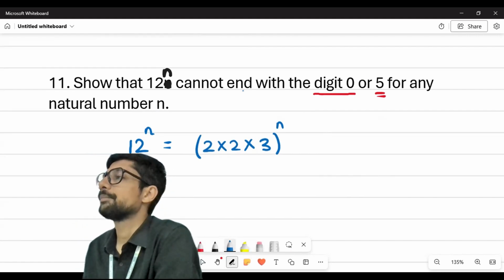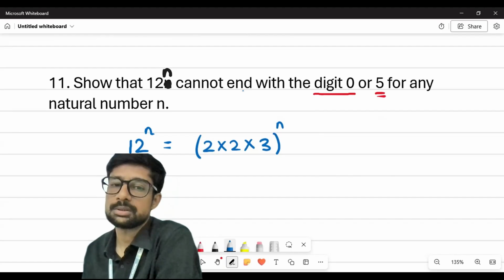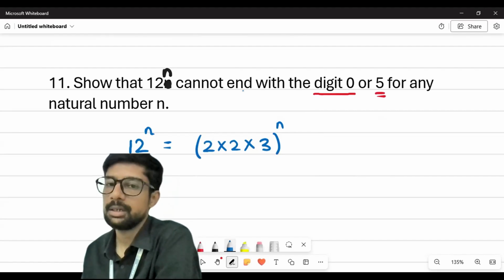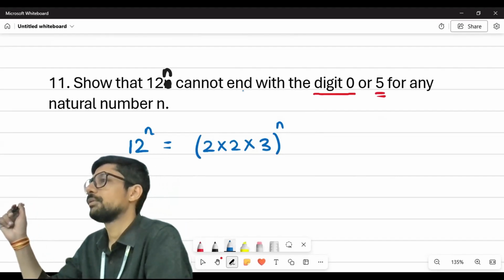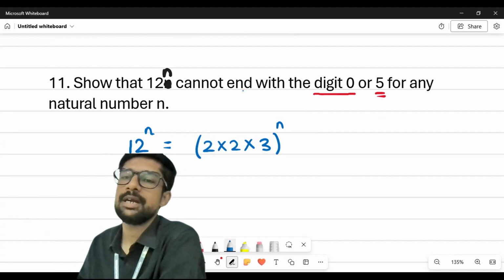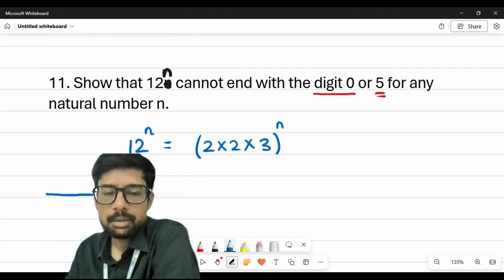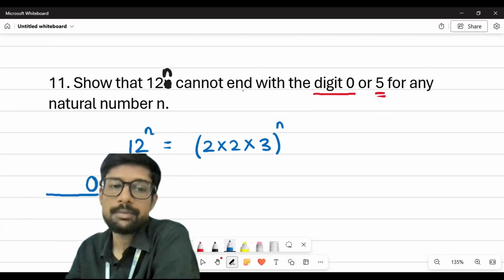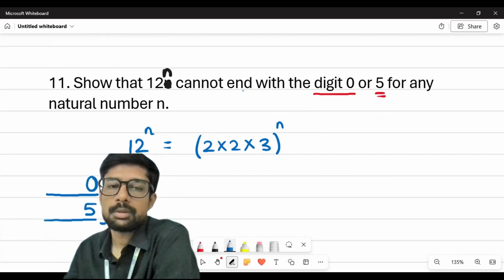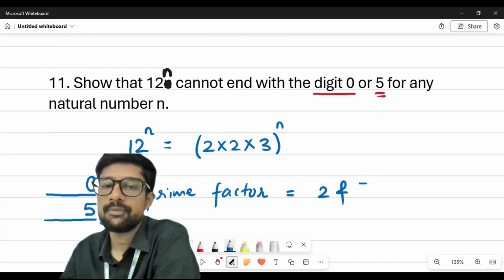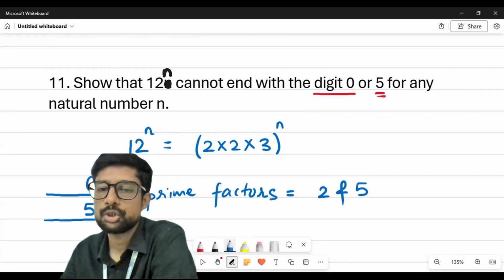What we used to mention then? What we used to write after this? According to FTA, Fundamental Theorem of Arithmetic, it does not contain a factor of 5. है ना? Hence, it cannot end with the digit 0 or 5. Okay? For any number to end with 0 or for any number to end with 5, the prime factors of that number should contain 2 and 5.